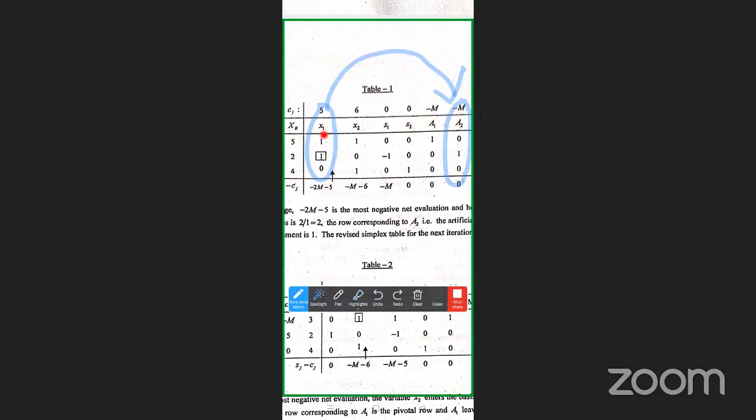X1 is converted to 0, 1, 0: the 1 is already there, and here 0 is there. So only one row operation is needed, that is R1 tends to R1 minus R2. This element minus this one. So 3, 0, 1 plus 1, 0, 1 minus 1. That's all.